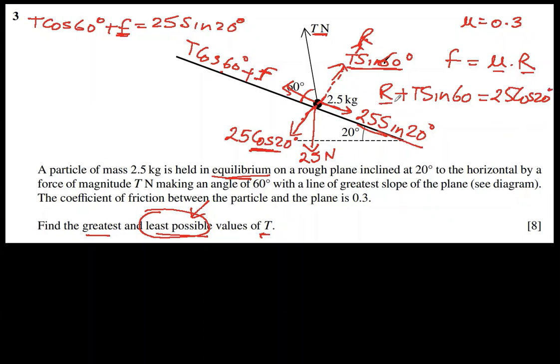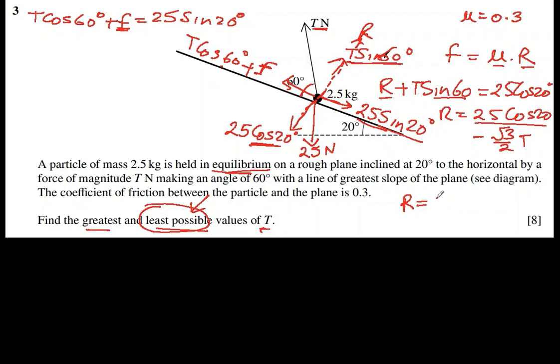And that will give us R. So R equals 25 cos 20 minus sin 60, which is square root 3 over 2, times T. Let me write the value of R by evaluating this with my calculator. I got 23.5, almost, it was 23.49, so I rounded it to 23.5, minus square root 3 over 2 T.